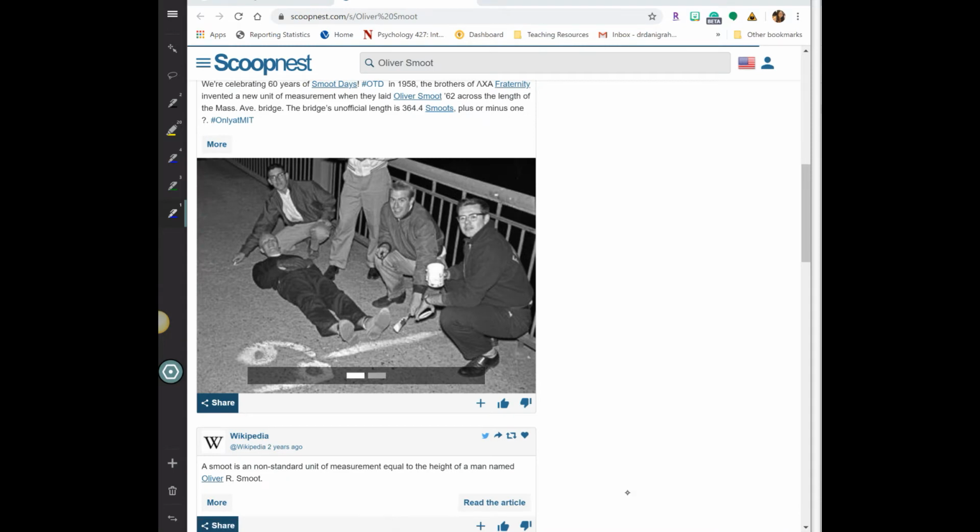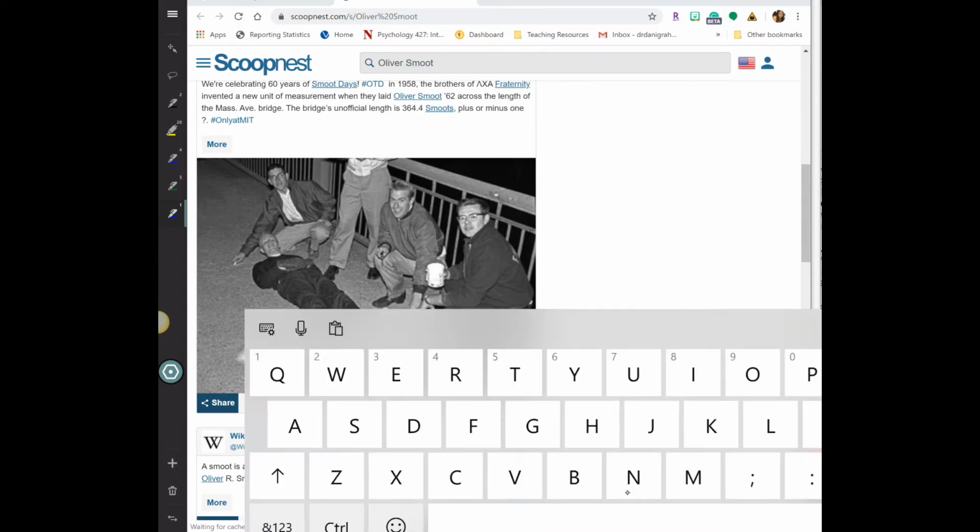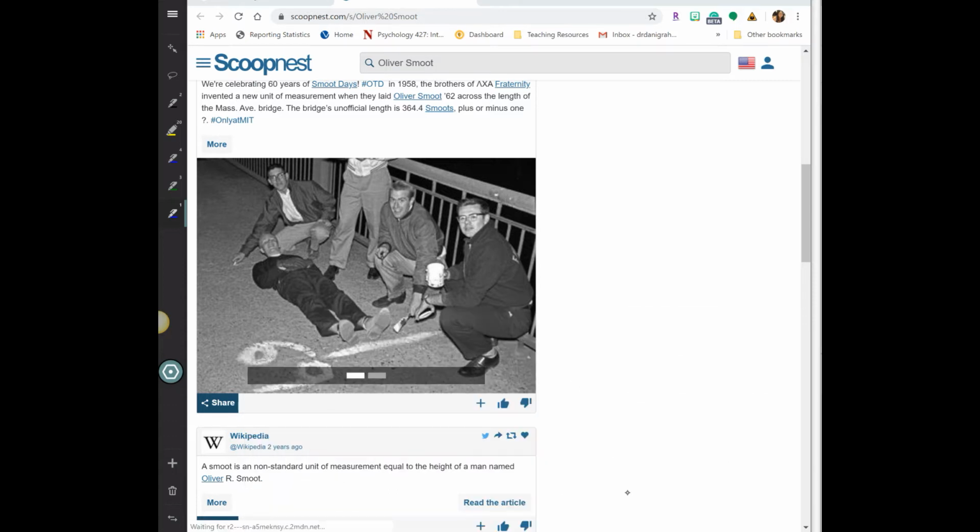And here you can see how they measured him by having him lay down, and they marked where his feet were and where his head was. Had him get up, put his feet where his head was, and they kept counting to determine how many smoots long that bridge was.